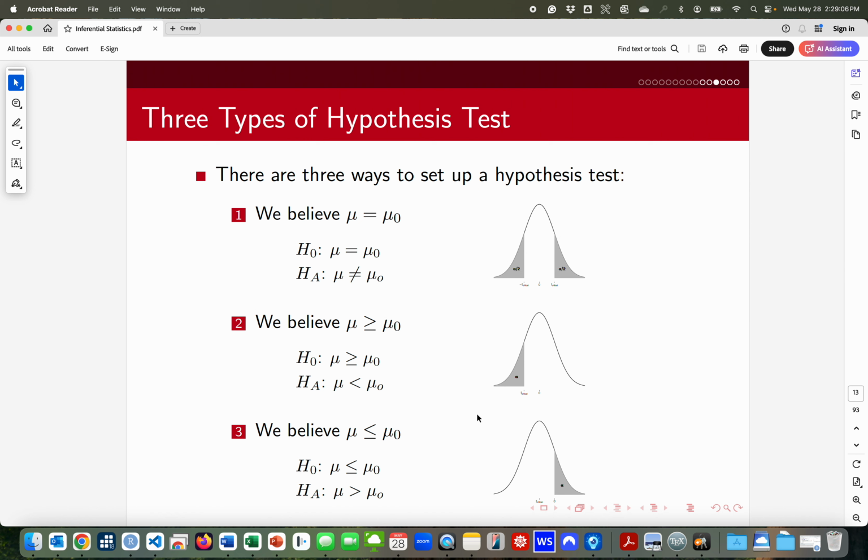But if you claim less than or equal to 3.5%, and I observe 10%, then maybe I can reject your claim, depending on my sample size and level of confidence. So these are the only 3 ways you can set up the hypothesis test: equal to, greater than or equal to, less than or equal to. And these regions are what we call rejection regions. So we'll talk more about those when we think about specific examples a little bit later.